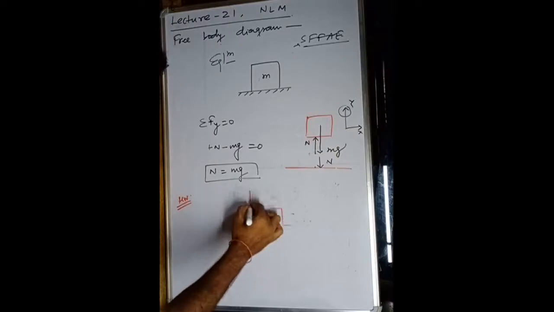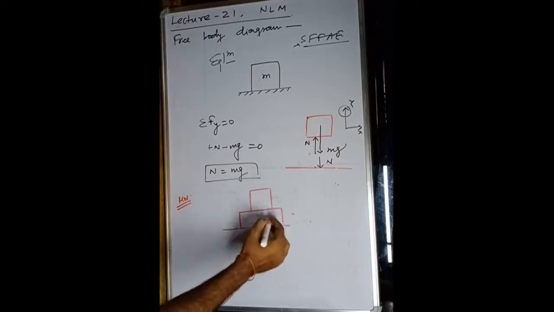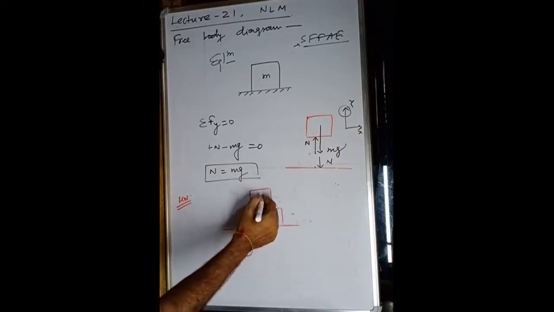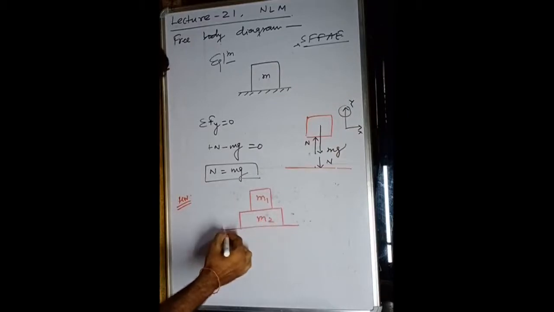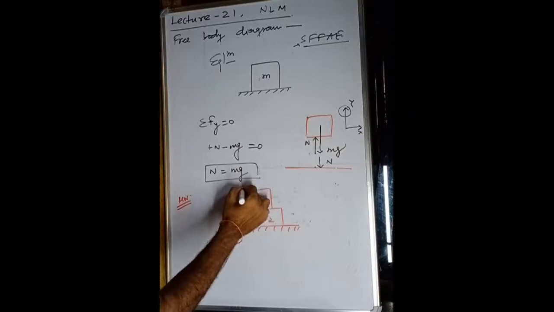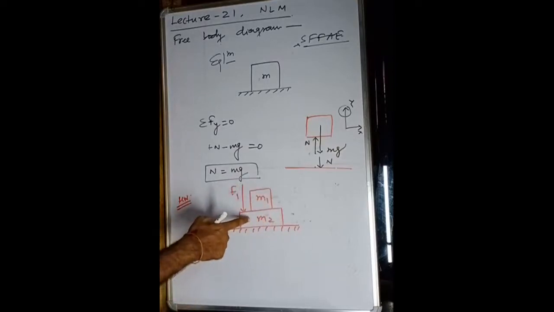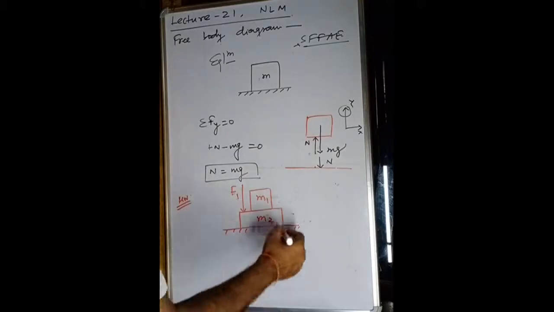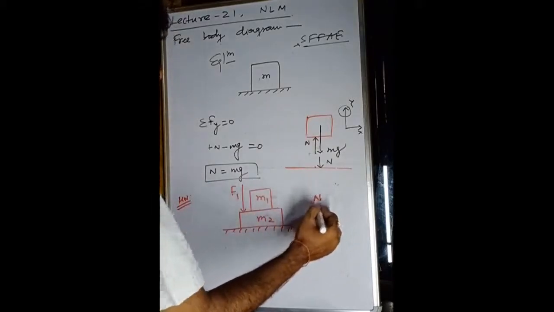Make the free body diagram. This is M1 and this is M2, and a force F1 is acting here over M2. You have to draw the free body diagram, and you have to find the normal reaction on M1 and M2.